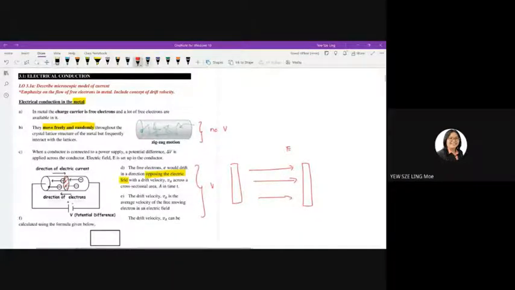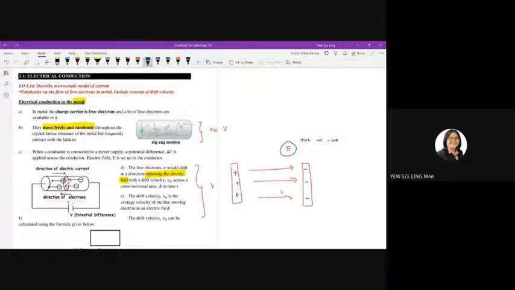What we do know is that the direction of the electric field is always from positive to negative, meaning that the plate on the left-hand side is positive and the plate on the right-hand side is negative.